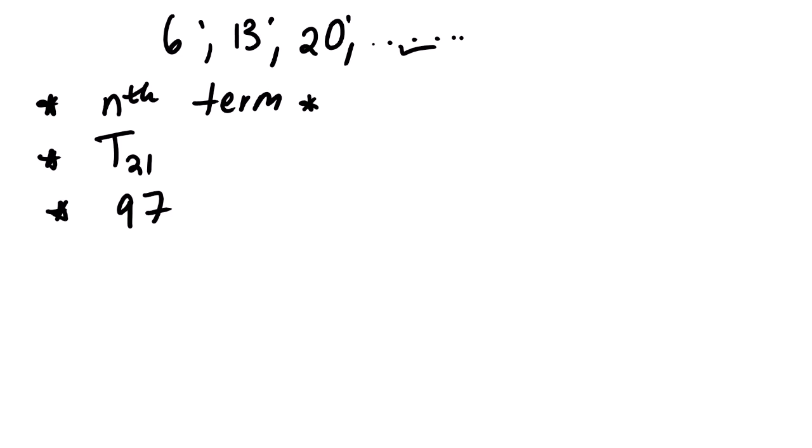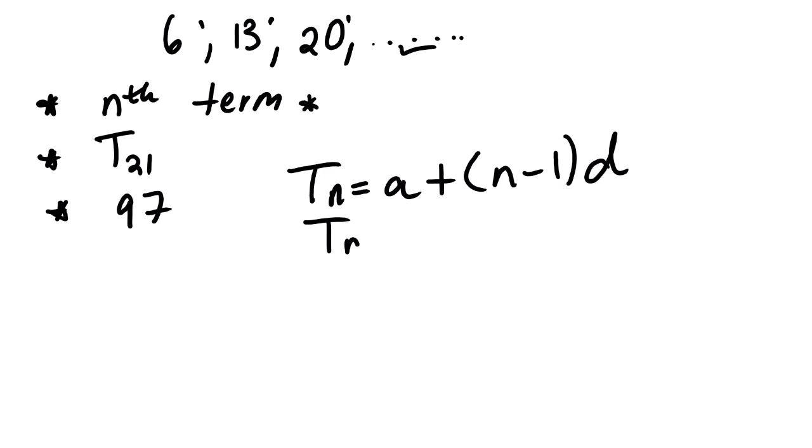So to calculate the nth term, we need the first term and the difference. 20 minus 13 is 7. 13 minus 6 is 7 actually. So we have Tn equals A plus (n minus 1) D. Tn equals 6 plus (n minus 1).